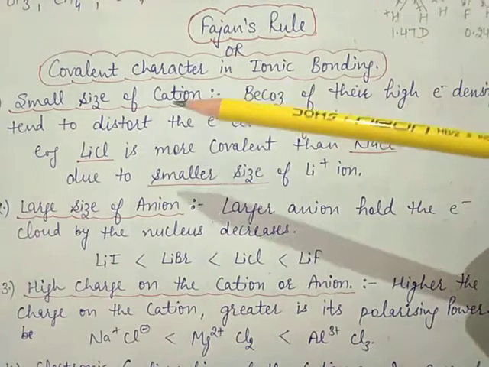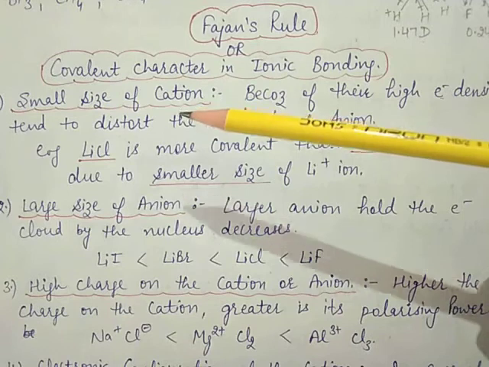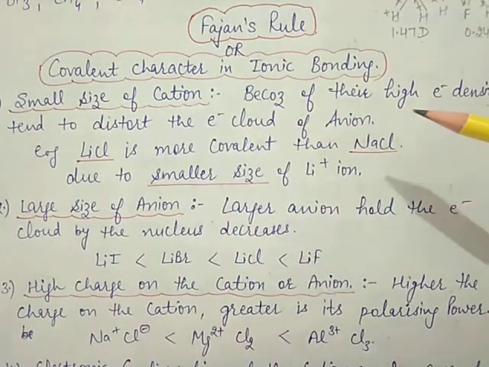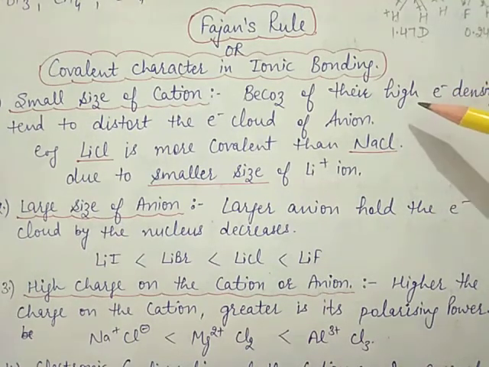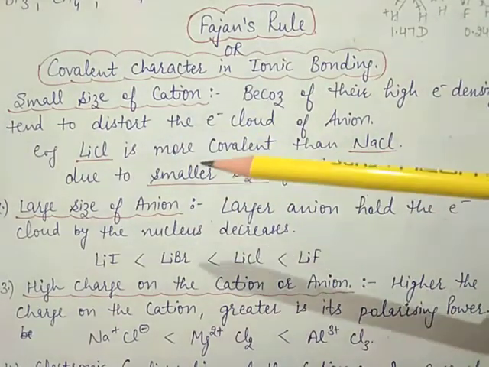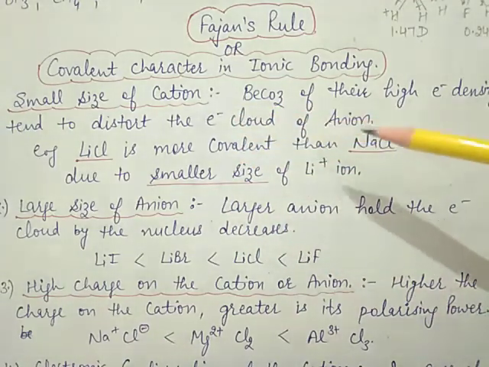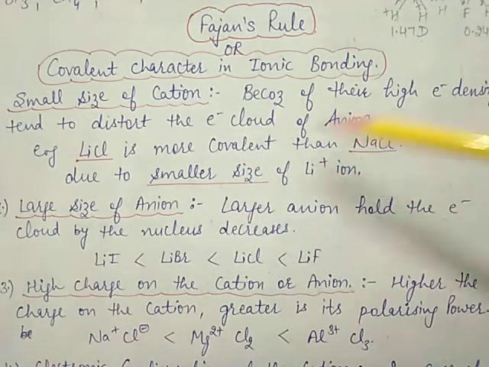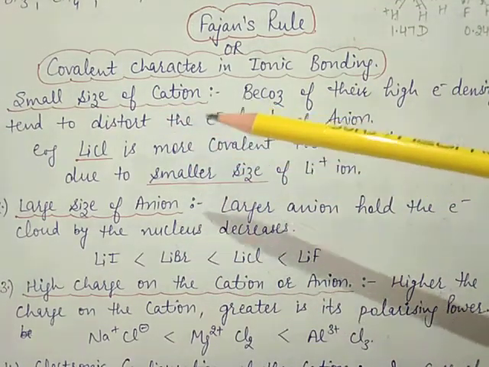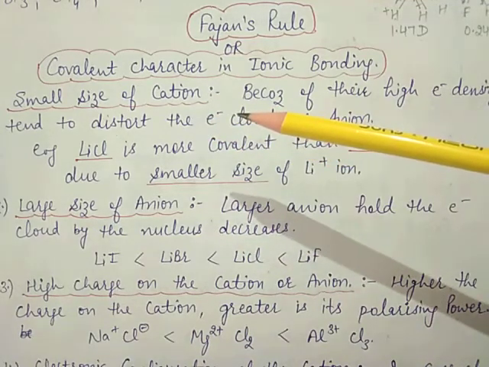According to this rule, the first point is the small size of cation, because of the high electron density, it tends to distort or polarize the electron cloud of the anion. So we can say that the compound containing a small cation will have more covalent character.